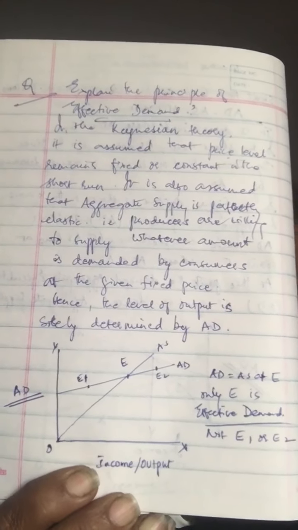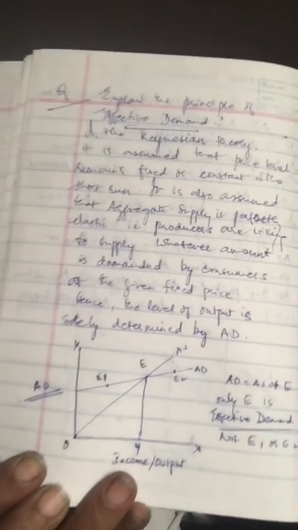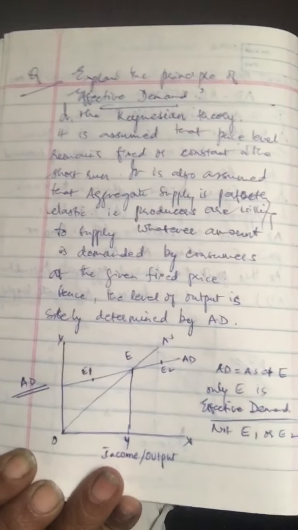That's the point of effective demand. This is the point of effective demand, as you see, where income is determined. Any point which is not there, like E1 or E2 as shown in the diagram, is not effective demand.